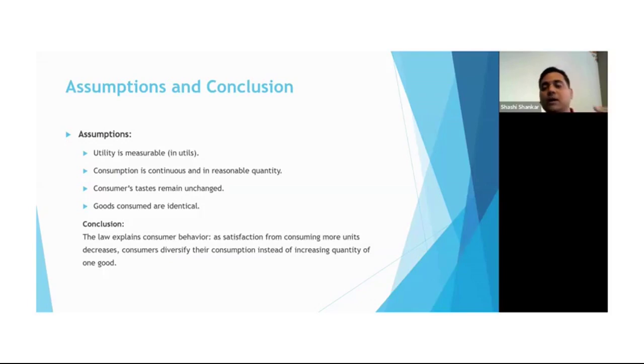After a certain extent there is a downward trend of satisfaction, so they will choose other alternatives, maybe goods A, goods B, and diversify their consumption.